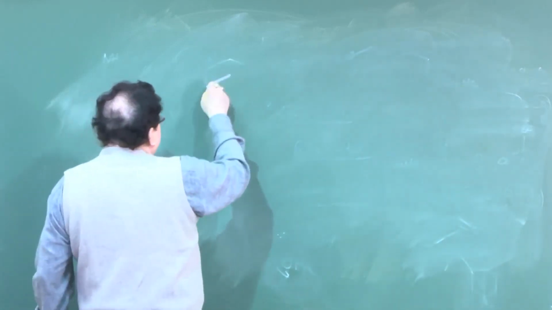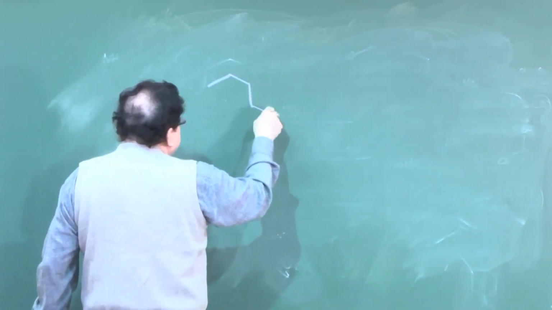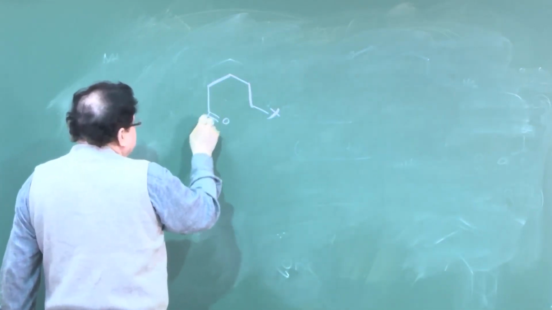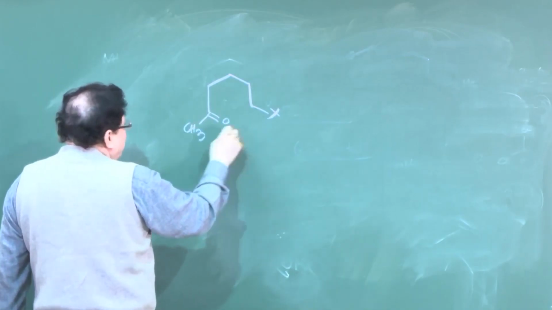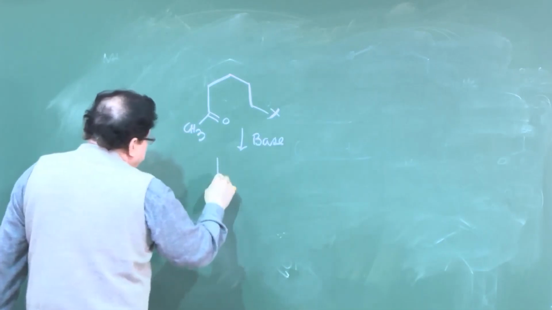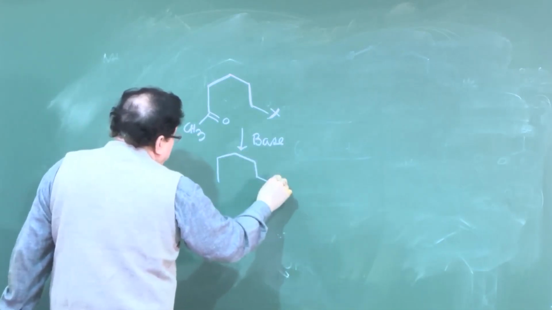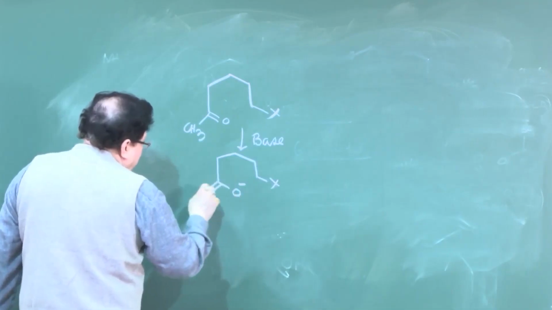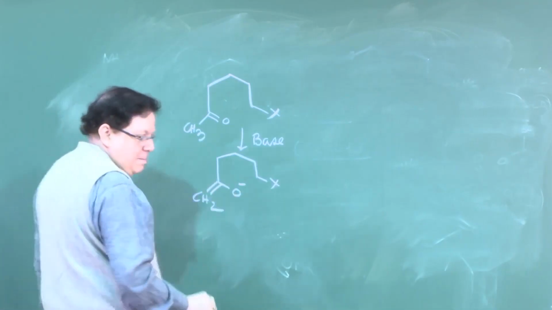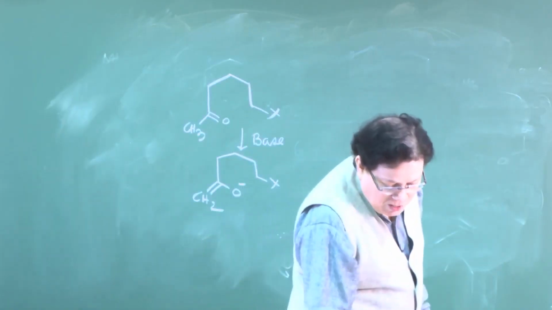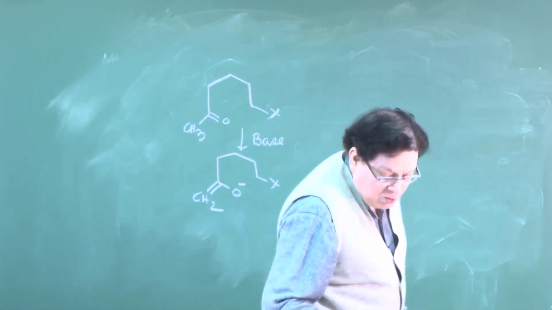Like if you have X and then if you have COCH3 suppose, okay, and you add a base, then what will happen? This molecule will form an enolate, O minus double bond CH2, and then what will happen?